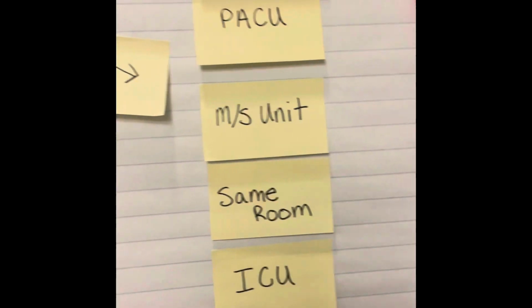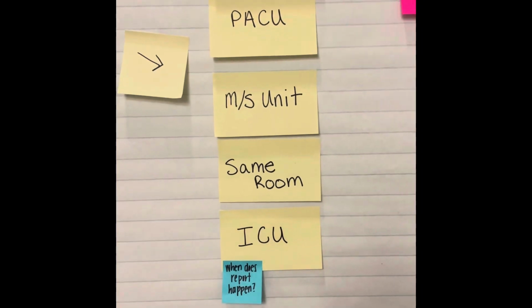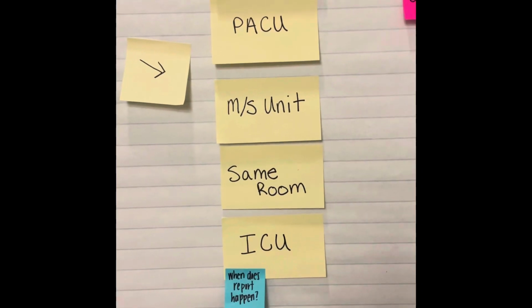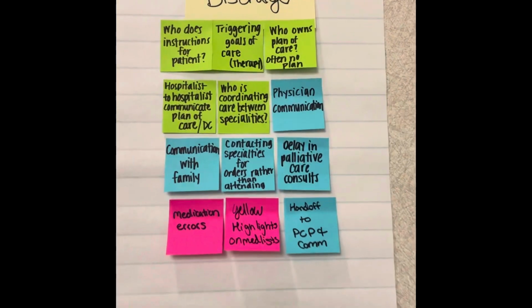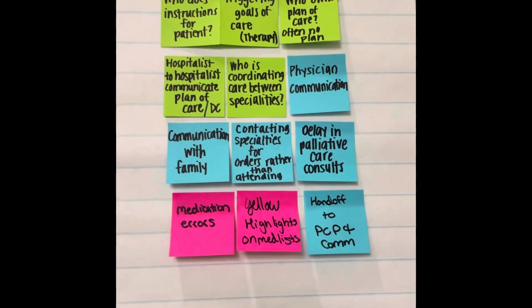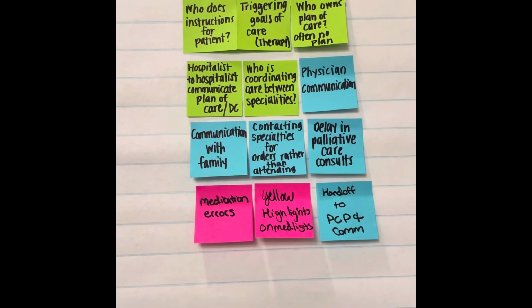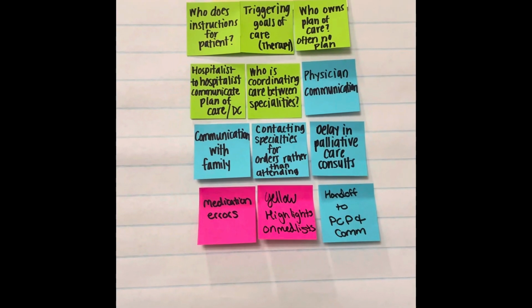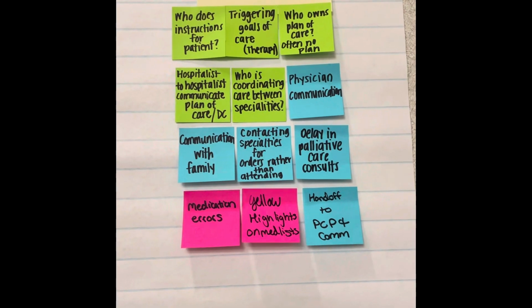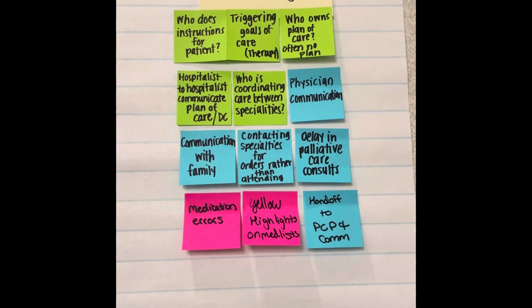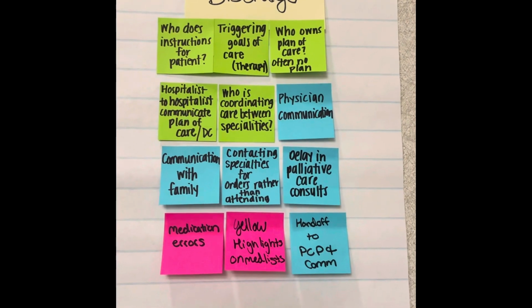So we have our patient back in their rooms, and so the next step for us was kind of focusing on patient discharge. As we talked through patient discharge, at the top we have who does instructions for the patient, triggering goals of care, so specifically around therapy, who owns the plan of care. Oftentimes there is no clear plan of care.